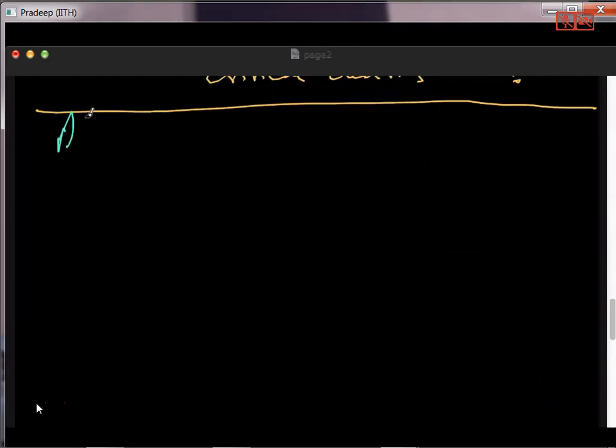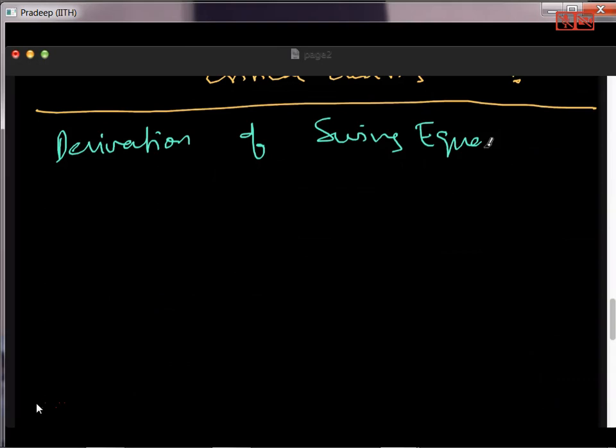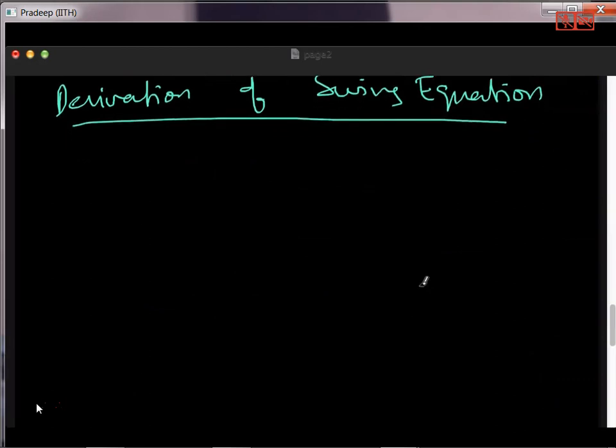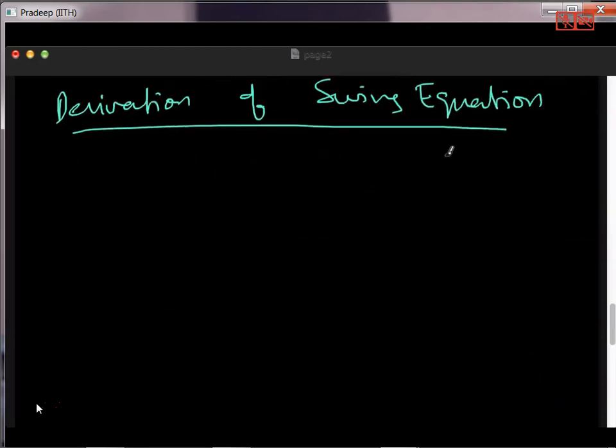Let's begin one important topic here, that is the derivation of the swing equation. So what we do now is we would like to derive an equation called the swing equation.